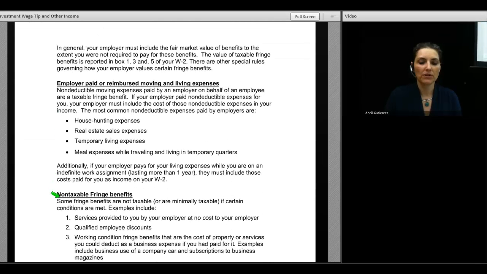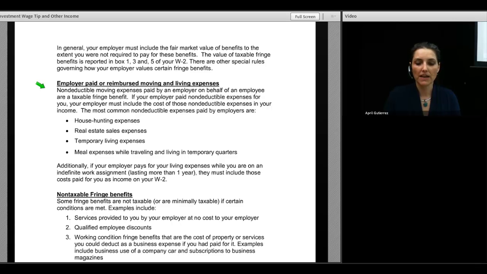In general, if your employer gave you any of those kinds of benefits, they are required to gross up your W-2 and put a higher number in box 1, 3, and 5, and obviously accordingly hold out additional taxes. Employer paid or reimbursed moving and living expenses. Non-deductible moving expenses paid by an employer on behalf of an employee are a taxable fringe benefit.